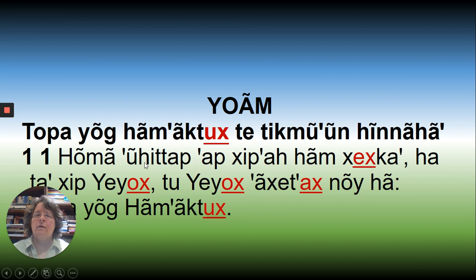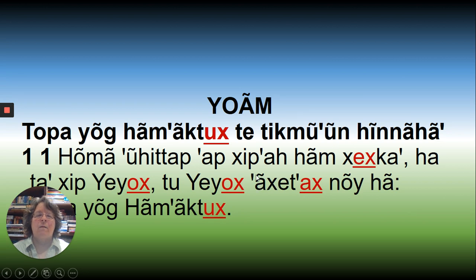You can go through and look for an X. Okay, here's an X, but it's not in front of it, so it's not one of our clusters. Here's an EX, and EX is a cluster. We come on down, and here's the OX. There's an AX.